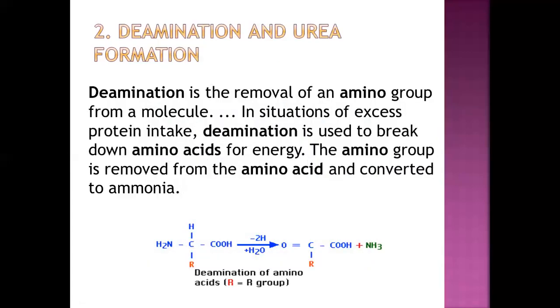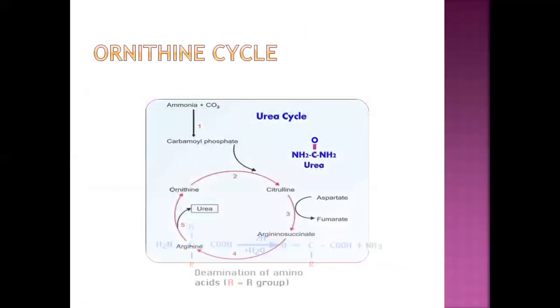First, deamination occurs, then the ammonia released combines with carbon dioxide and forms carbamoyl phosphate, which converts to citrulline, then argininosuccinate, then arginine, then ornithine. The product which recycles in the cycle is ornithine. That is why the cycle is named the ornithine cycle.